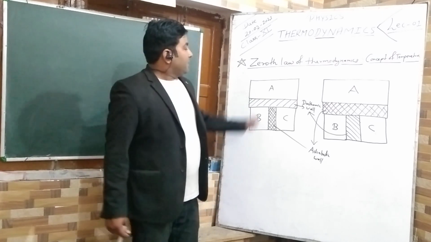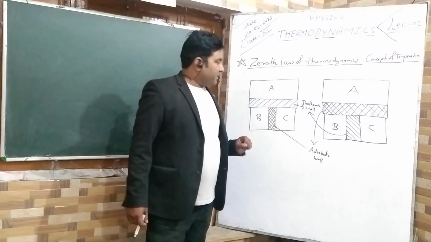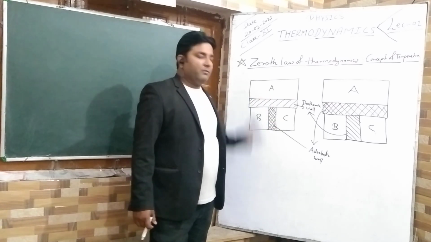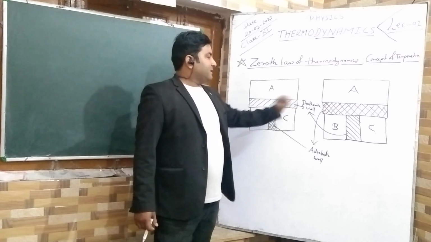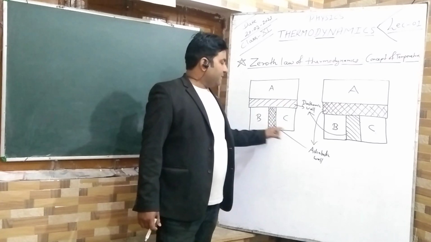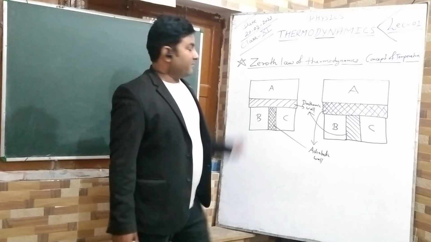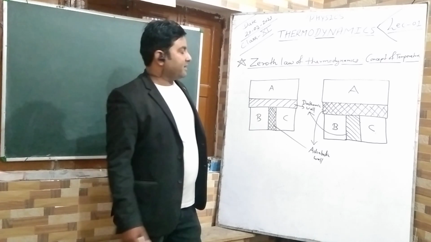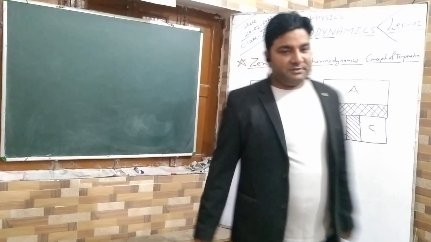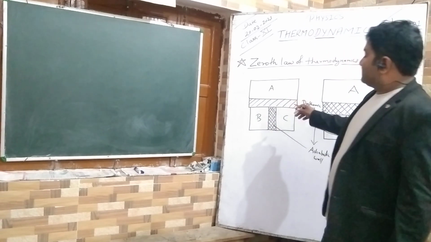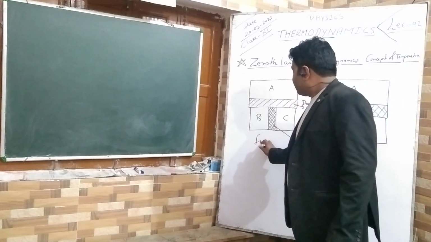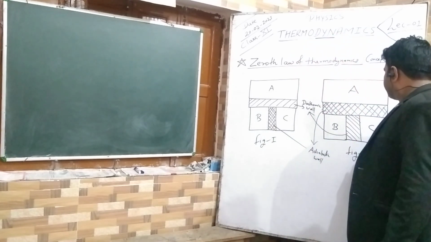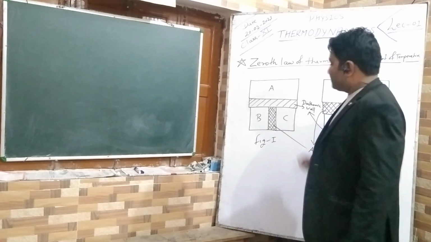Let's see. Here three bodies we are taking: body A, body B, and body C, and two types of wall. First, diathermic wall, and second, adiabatic wall. Diathermic wall means a wall which allows transfer of heat from one body to another if there is a difference of temperature. Just see in this set of diagrams, this is figure first, this one is figure second. Okay, just see from the start.